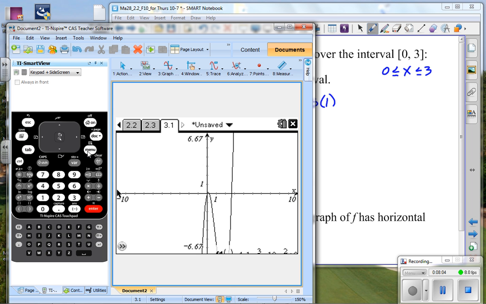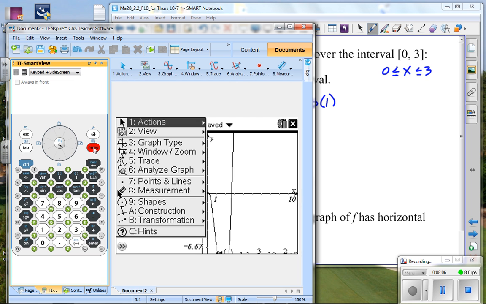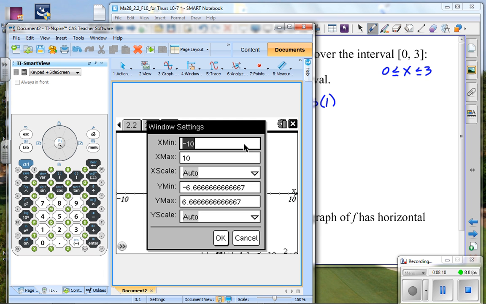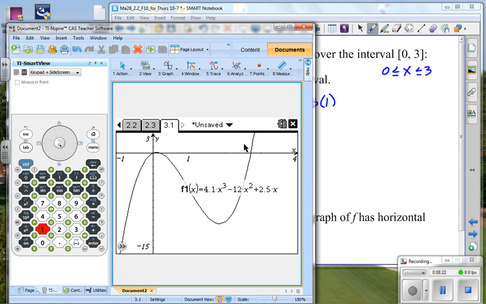And we need to change the window on this, so let's do a window setting of -1 to 4, scale 1, and -15 to 3, scale 1. And we have the function that looks like that.